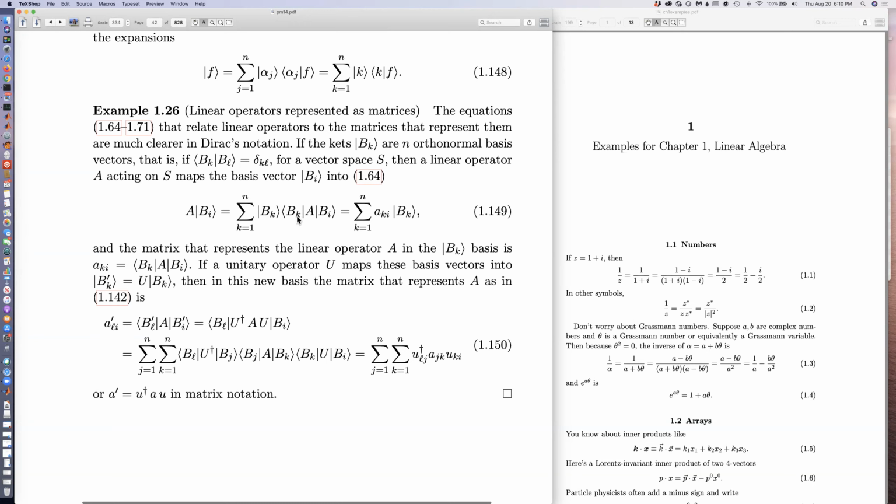And we use that expression for the identity operator, multiplied on the left, and we got this. And the indexes are k and i. All right, I may be missing something. This does happen.